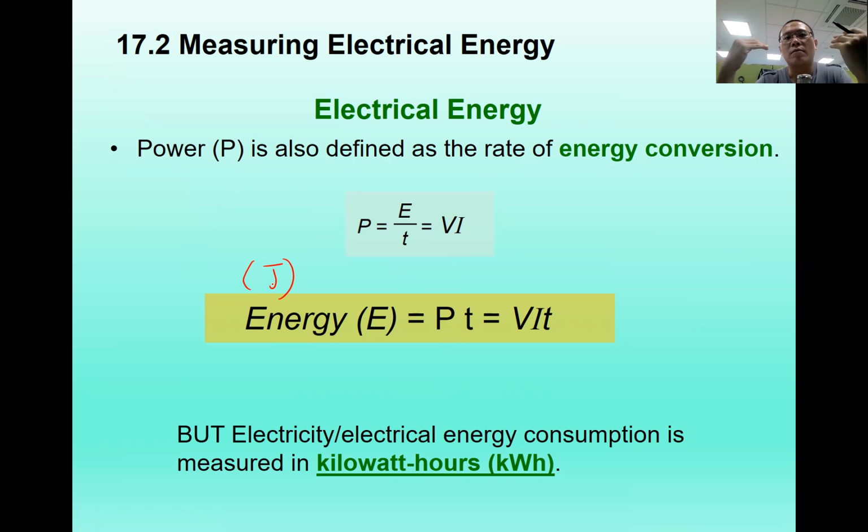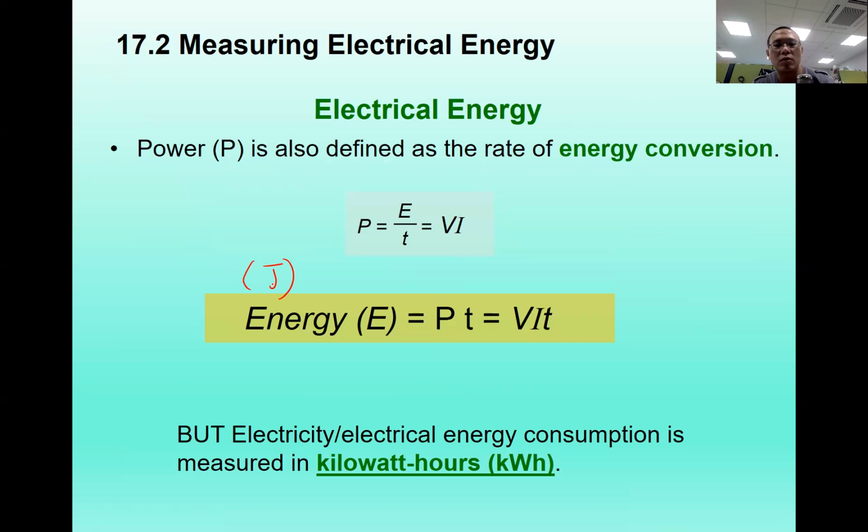For example, a simple use of a laptop for maybe 2 or 3 hours can easily clock about 1 megajoule, which is 1 million joules. So the number is actually quite big, and the way we present the data is quite cumbersome, it's quite long.